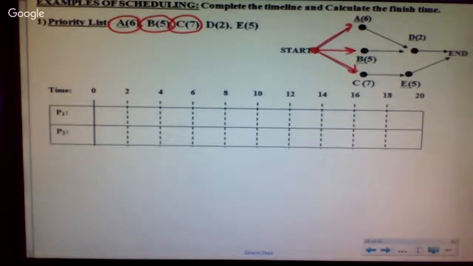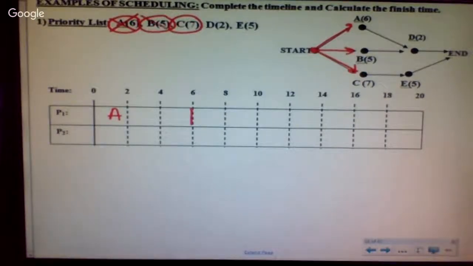You're going to look at your priority list from left to right. What is the first letter that I have circled? A. So we schedule it. When I schedule it, I cross it off of my priority list, so I know it's already on my chart. I'm done with it. Processor 2 also needs something. It has to be the next circle.